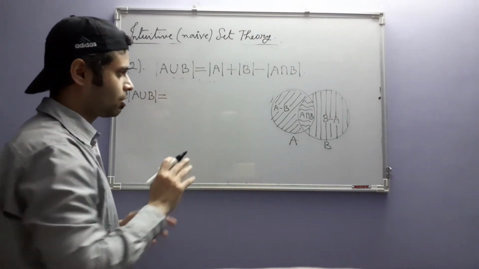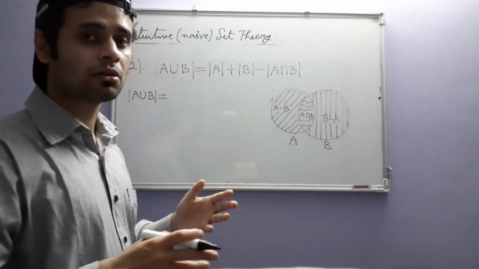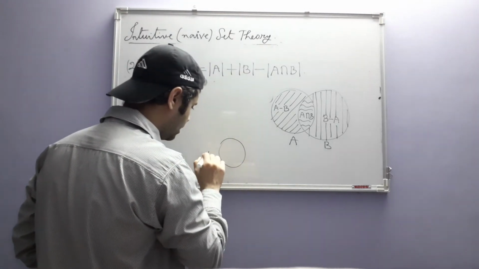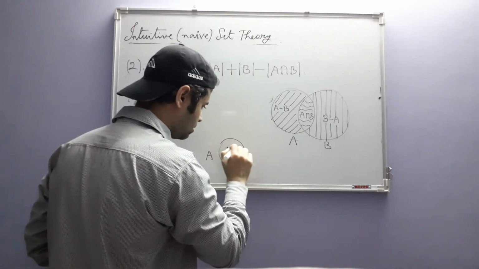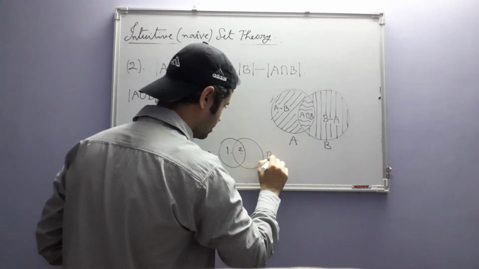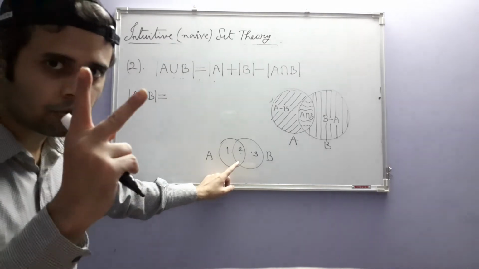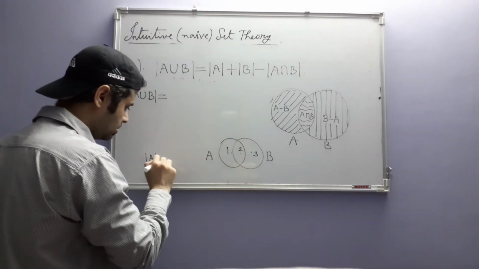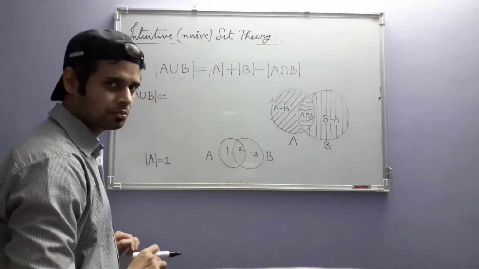Since there is no common element, there is no fear of repetition. You see, if your A is like this, 1, 2, and your B is like this, 2, 3, then A has 2 elements. So this is equal to 2. B also has 2 elements.